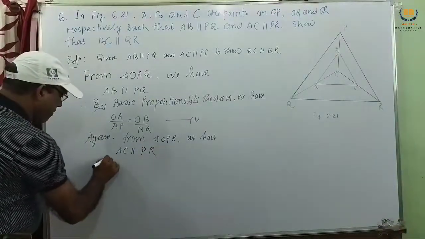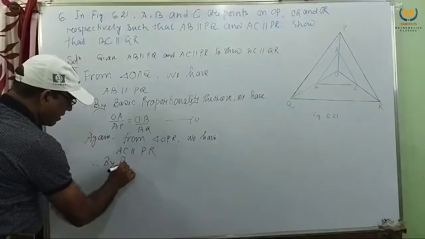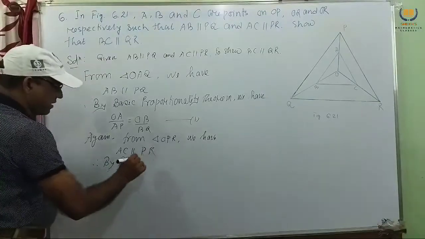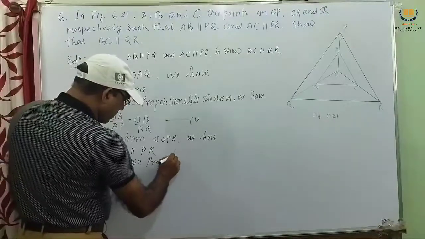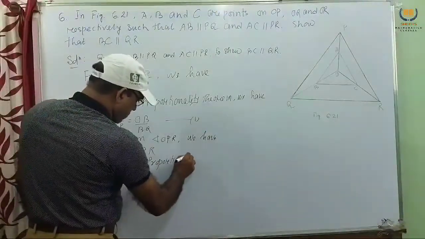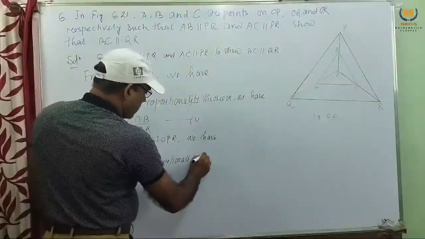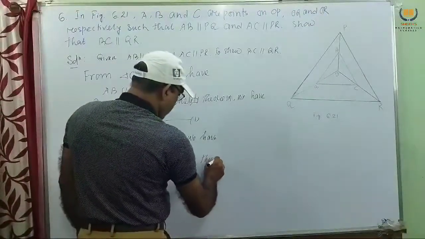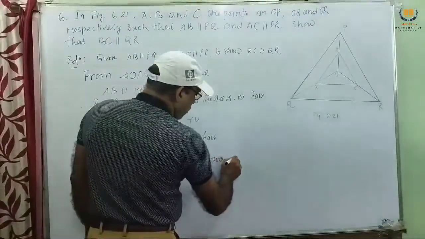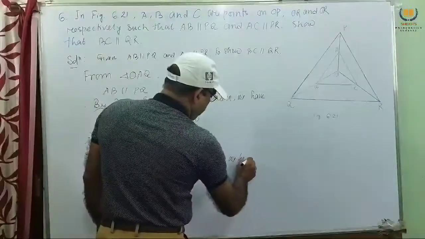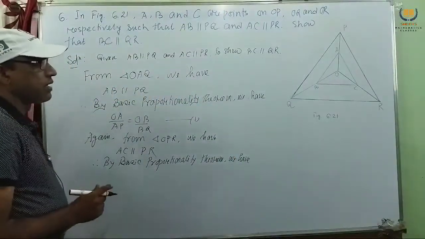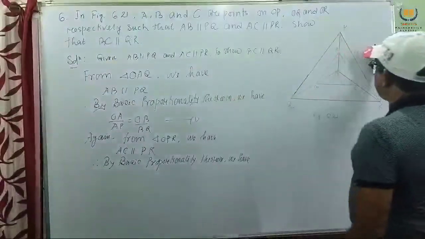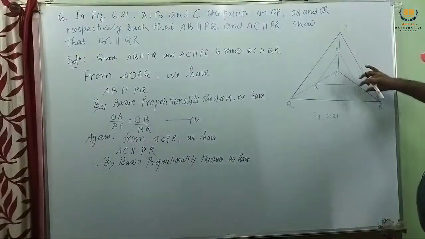Therefore by basic proportionality theorem, this side is parallel to this, so this by this equals this by this.